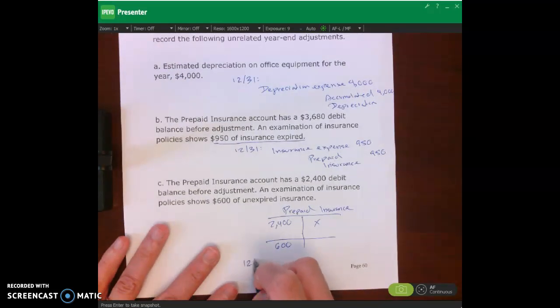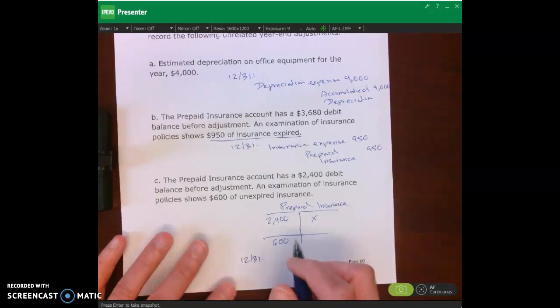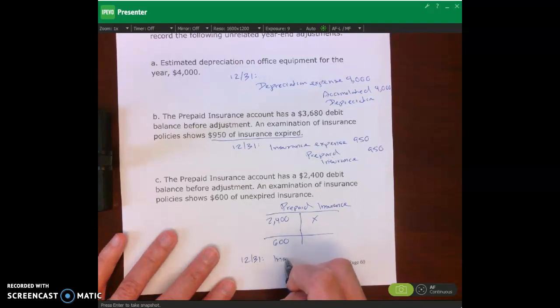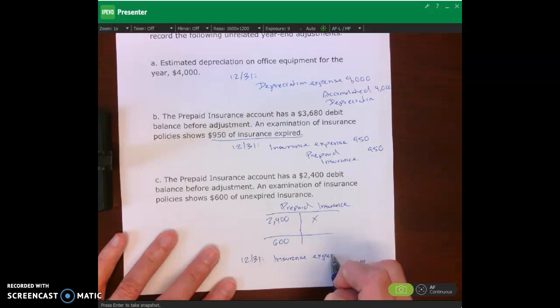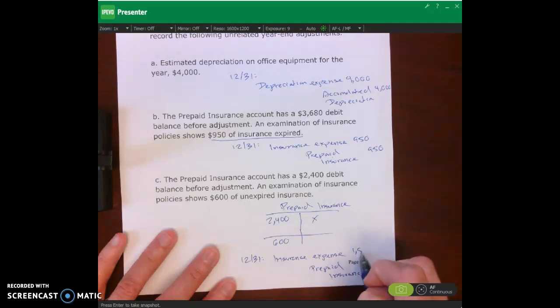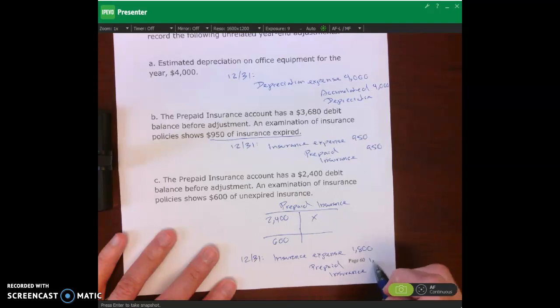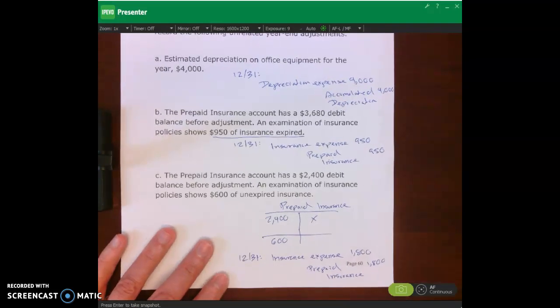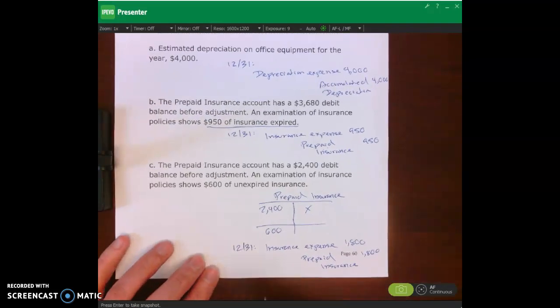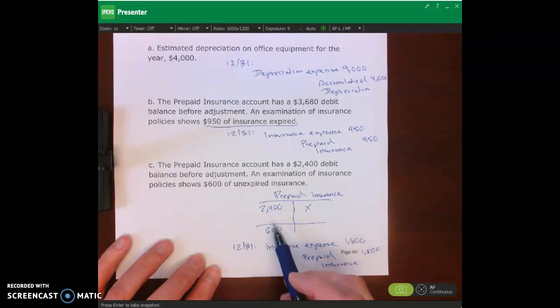So my journal entry in this case is still debit insurance expense and credit prepaid insurance. That's still the same, but the dollar amount is different. It's $1,800. How did I get that? The 2,400 minus the 600.